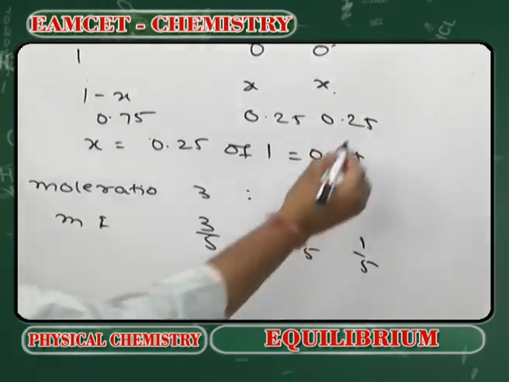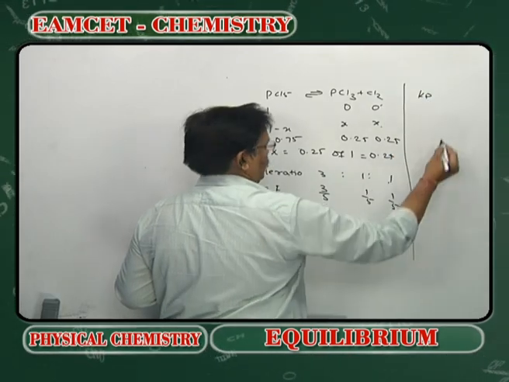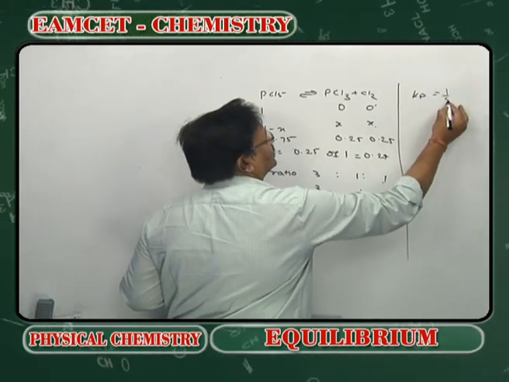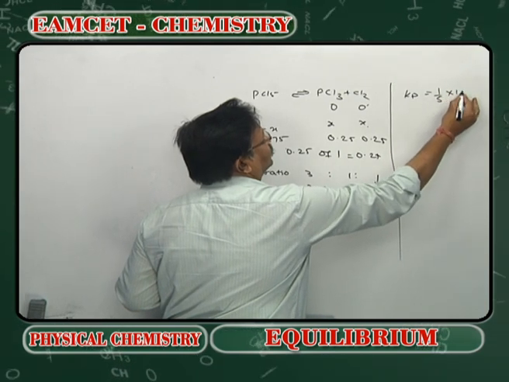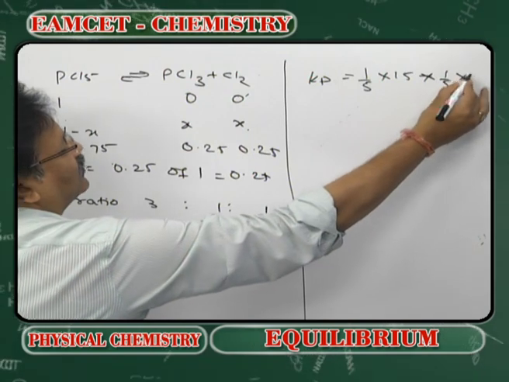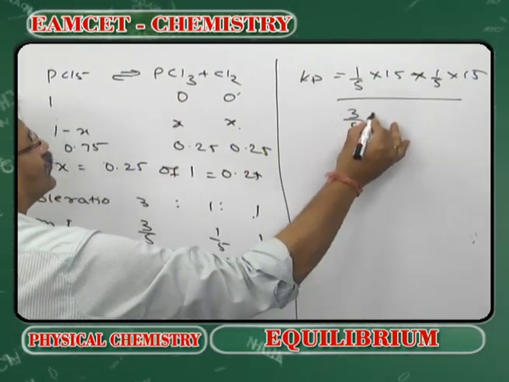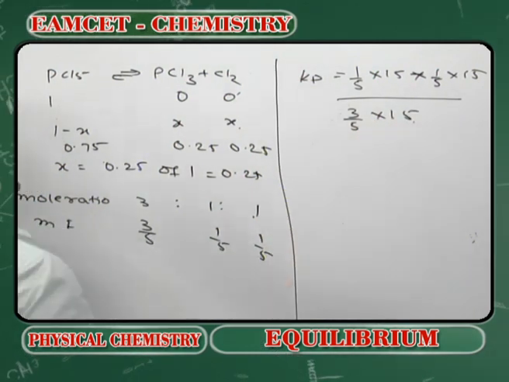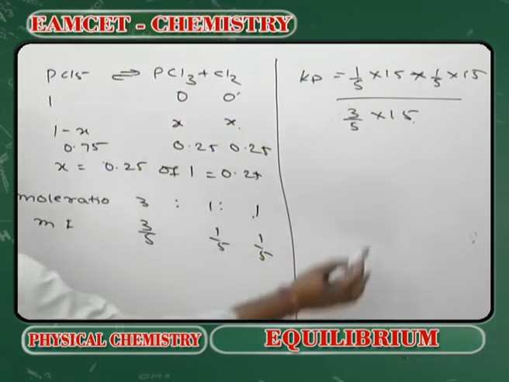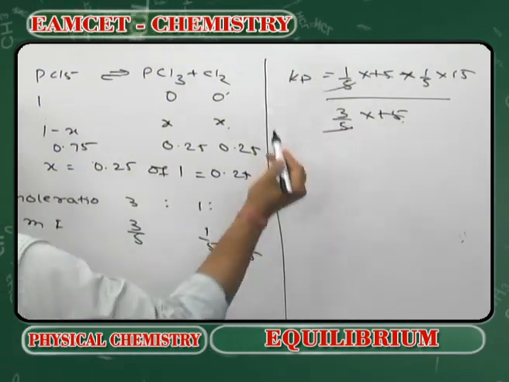Now how to get the Kp value? So mole fraction of PCl3, 1/5 into 15, into 1/5 into 15, by 3/5 into 15. So 15 gets cancelled out.